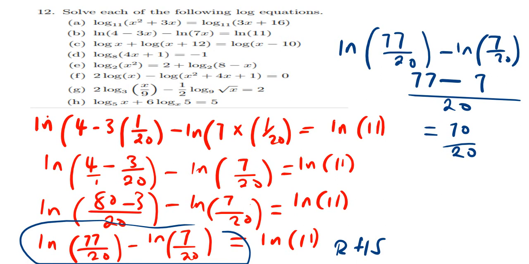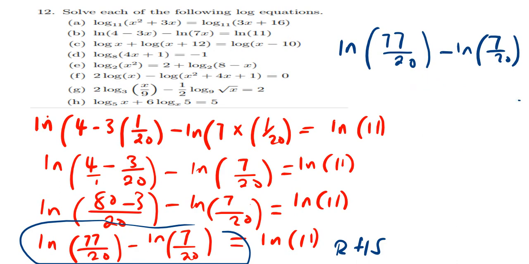I've done them directly, which is very wrong. For logarithmic functions, you're not supposed to do them directly, because here there's a negative, which means the two expressions are being divided. This is why I missed it. So you have 77 over 20 divided by 7 over 20.